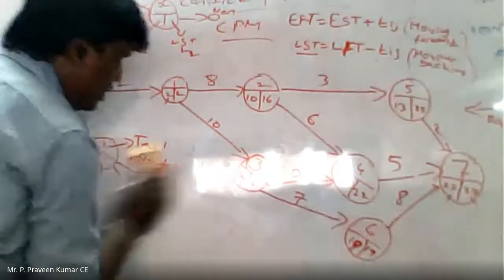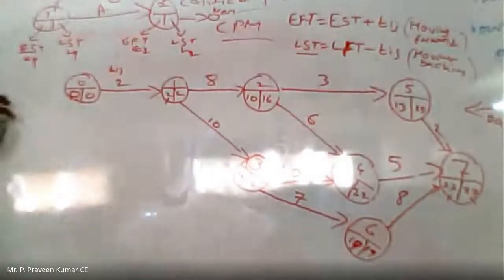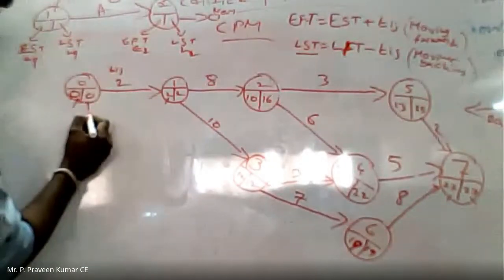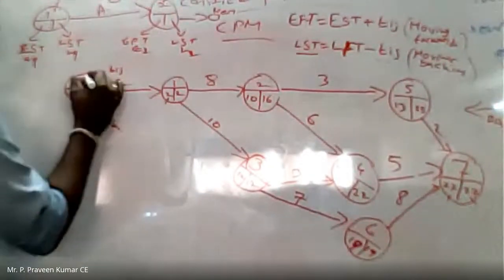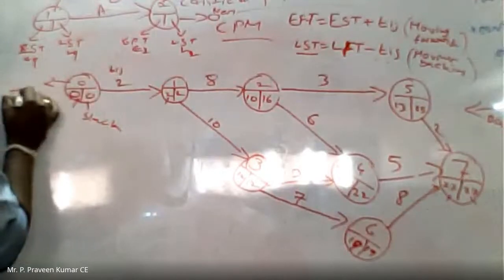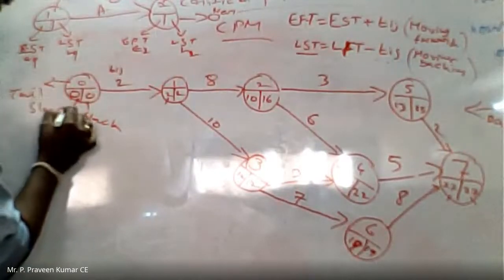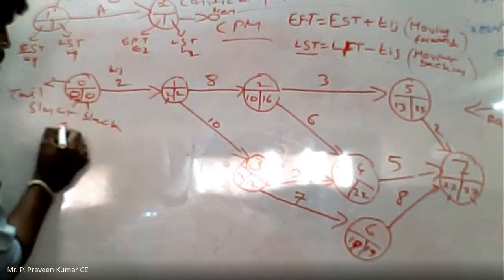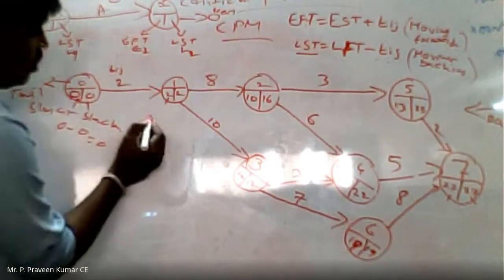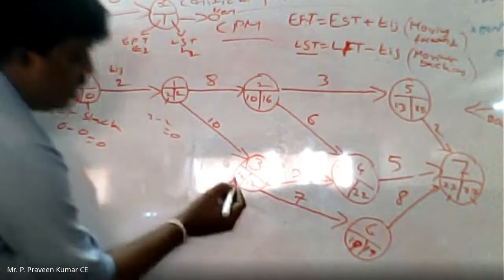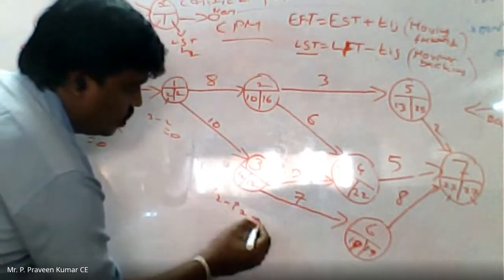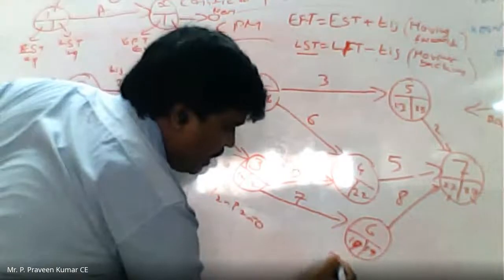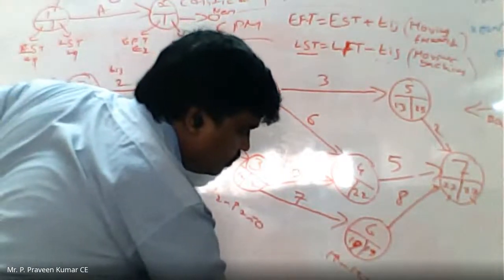Now here in this particular network diagram, these are all the slacks. This is the tail slack. If you subtract here, it is 0 minus 0. Here 2 minus 2, 0. Here 12 minus 12, 0. Here 19 minus 19, 0.